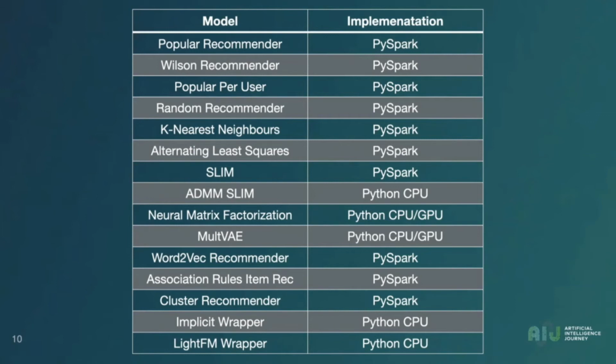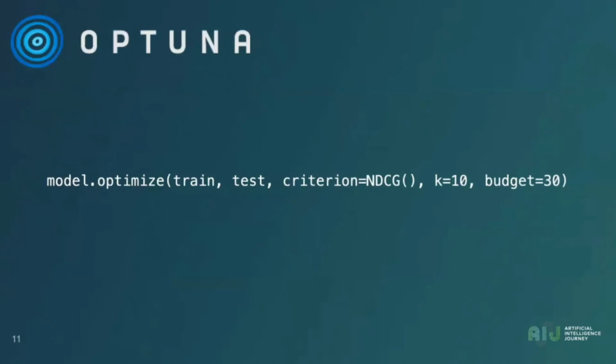Also, we have two wrappers for popular solutions from other libraries, implicit and LightFM. Those wrappers provide convenient integration of those models into the pipeline that exists in RePlay. And they provide conversion of data from Spark and back so that you never have to think about that.